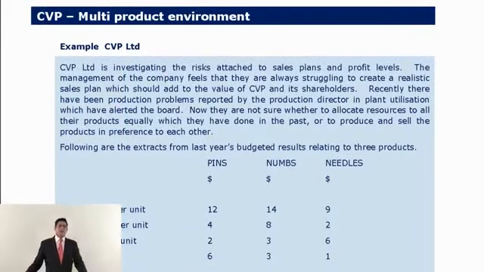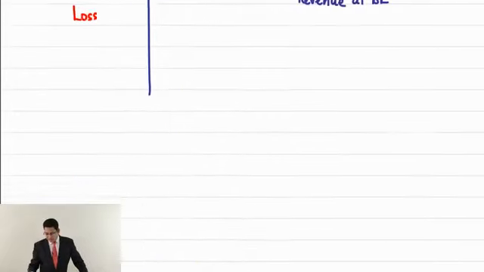Now here is CVP in a multi-product environment. There are a number of things we are going to understand here: a few things you have learned already, with little changes to them. We have seen in this session how to calculate the break-even point.